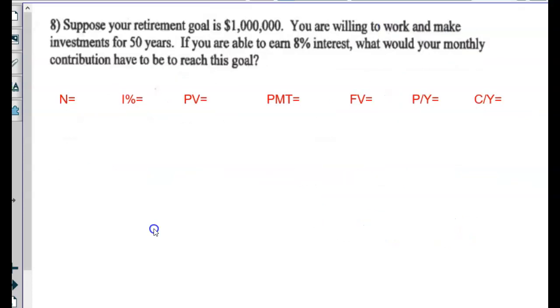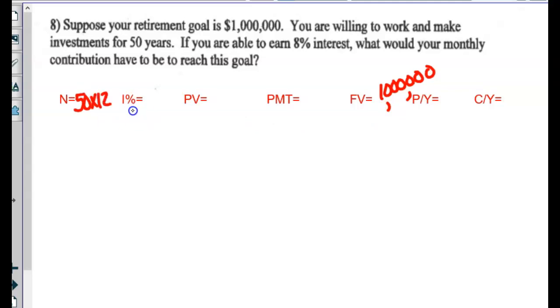All right, number 8, suppose your retirement goal is $1 million. So where are we going to put $1 million in? Yeah, we want there to be $1 million at the end of how many years does it say? 50 years. So N is going to be 50 times 12.